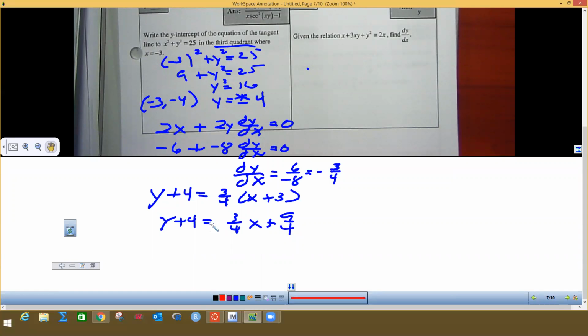Then I get this into a common denominator by multiplying by 4/4, which gives me 16/4. So when I subtract 16/4 over, I get 3/4 x, and 9 minus 16, I believe, is -7/4.